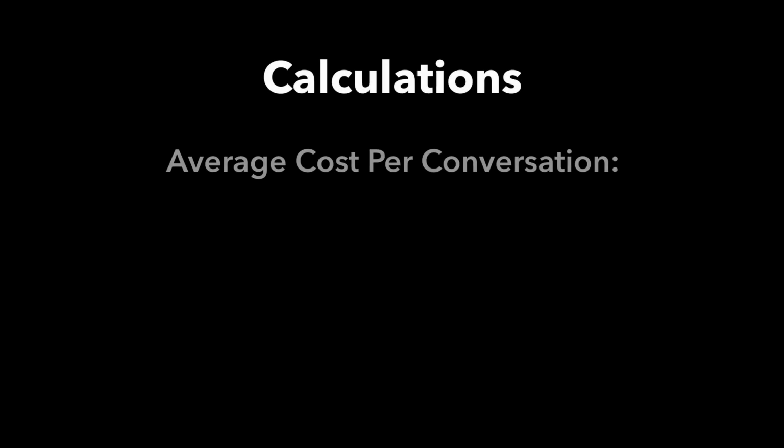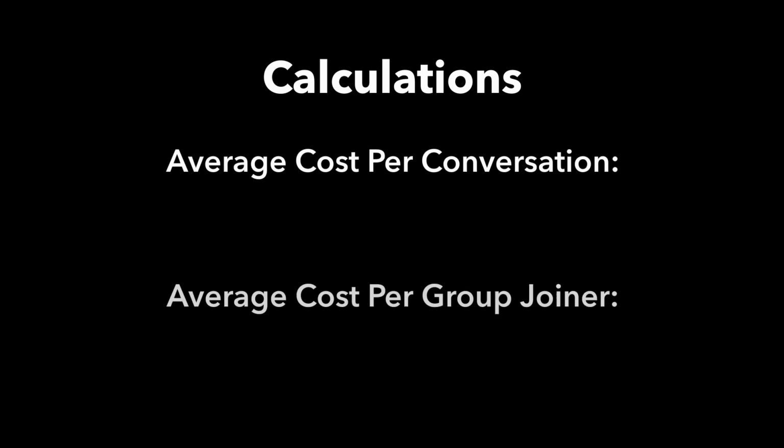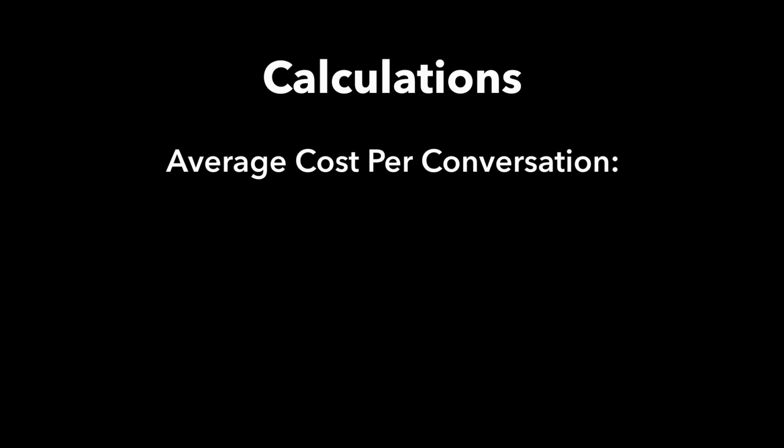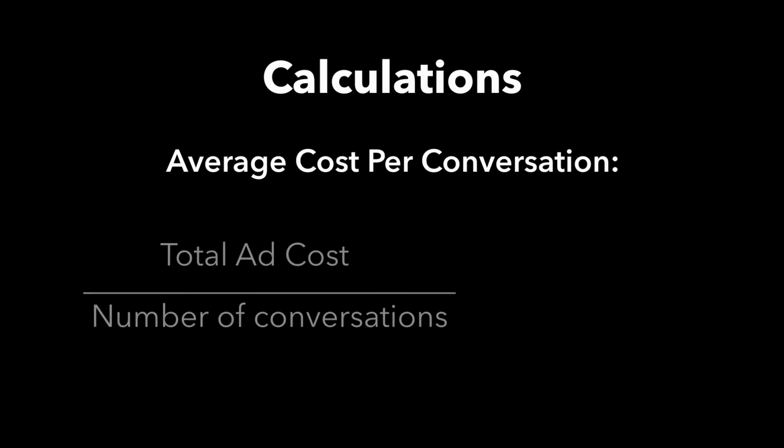And you'll also want to dig deeper into the data from your Facebook ads. This means that you should find out the average cost per conversation and an average cost per joining your feedback group, or group joiners.